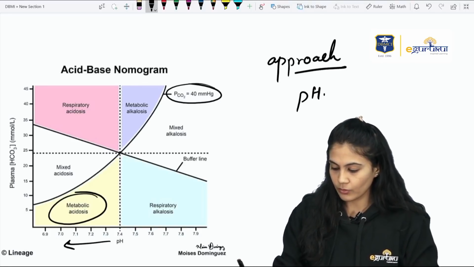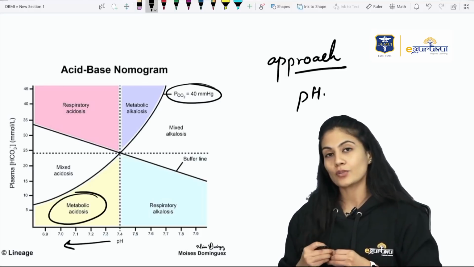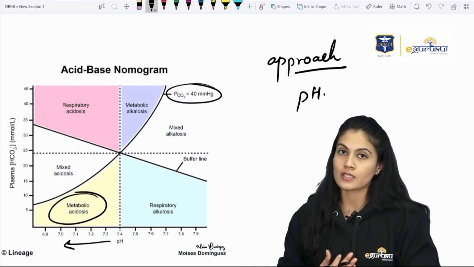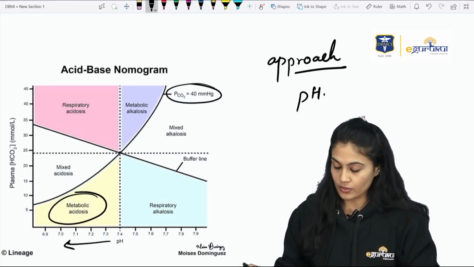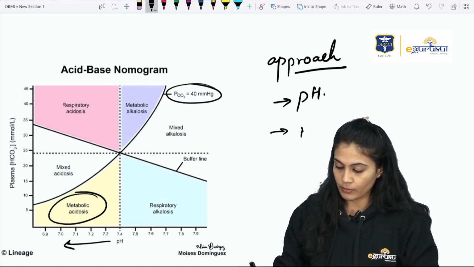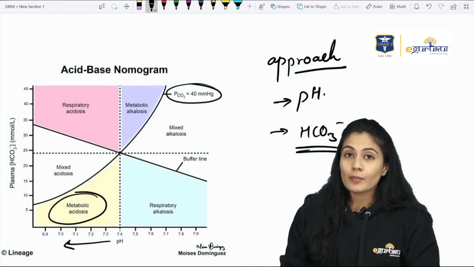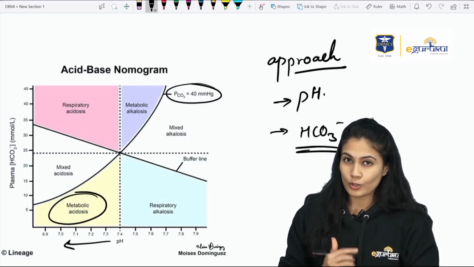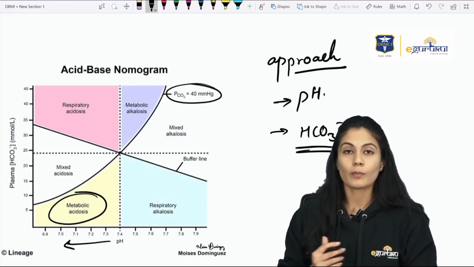first of all, have a look at the pH, whether it is increased or decreased. If it is increased, that means it is alkalosis. If it is decreased, that means it is acidosis, right? Then have a look at the bicarb, right? If the bicarb is normal, that means it is respiratory. If the bicarb is low, that means, yes, it is acidosis, that too metabolic.